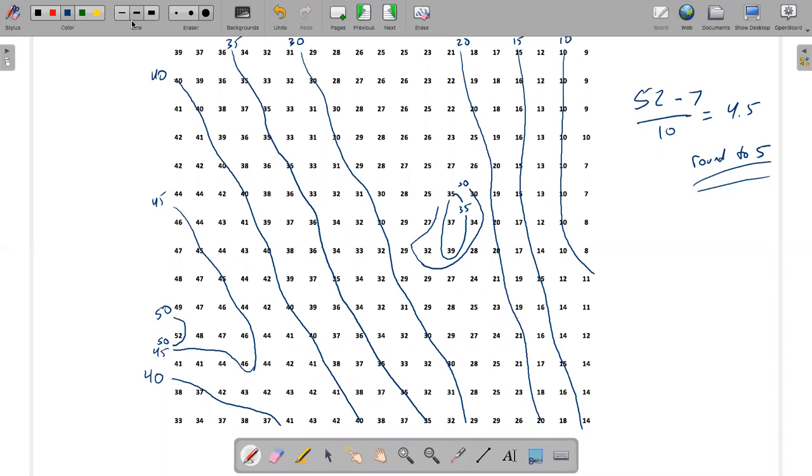Let's see, 25. Yeah, there's not a closed loop. That's it. 25 like this. There's like a stray 25 up here, but that's okay.